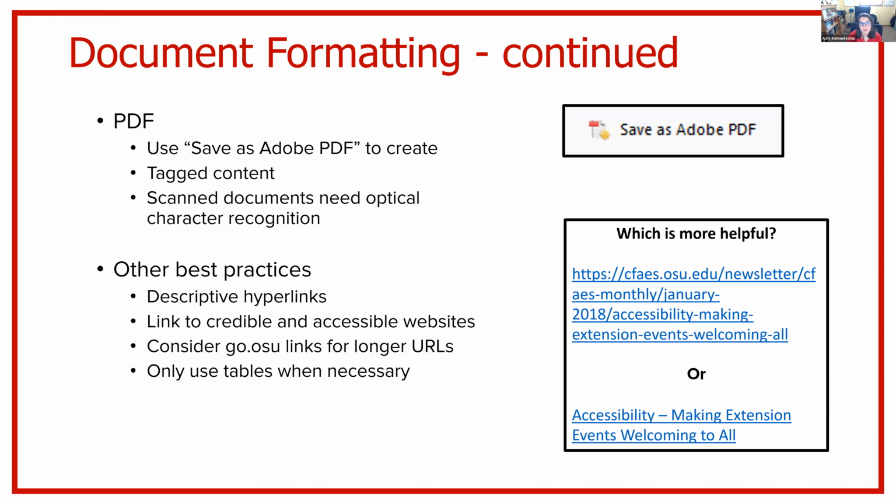And then another thing, as we move to so many digital documents, I'm not sure how many people have scanned documents that they were handing out as flyers or anything like that. But I wanted to make a special note that if you happen to have paper documents in your possession that you're planning to scan and distribute via email or post on a website, you're going to need to use Adobe Acrobat to run what's called optical character recognition.